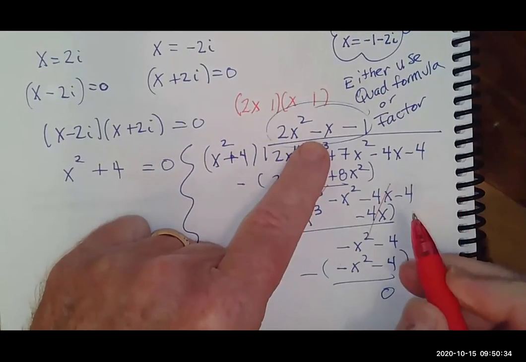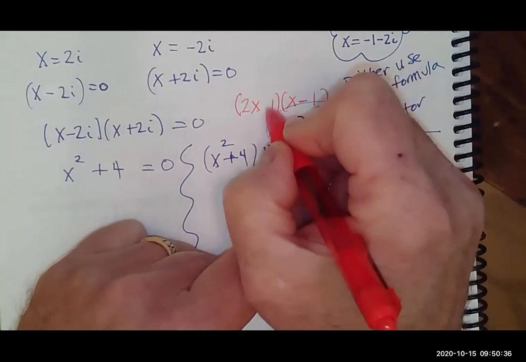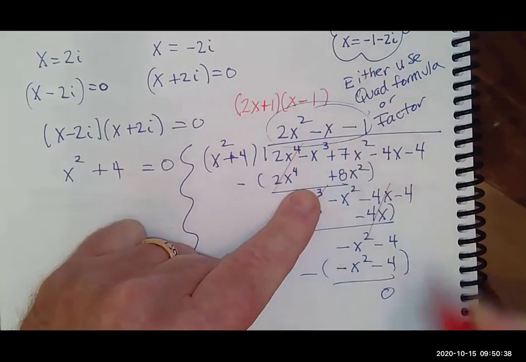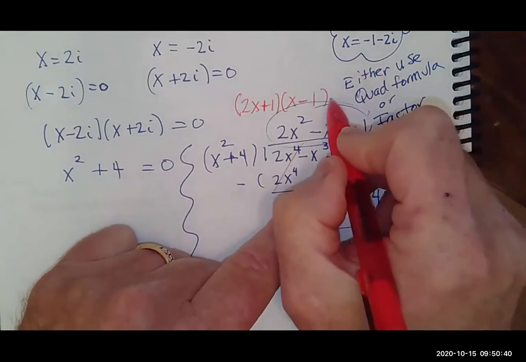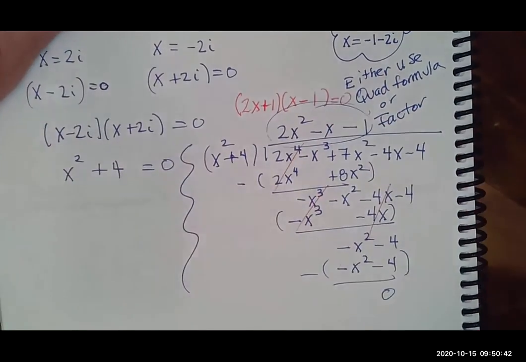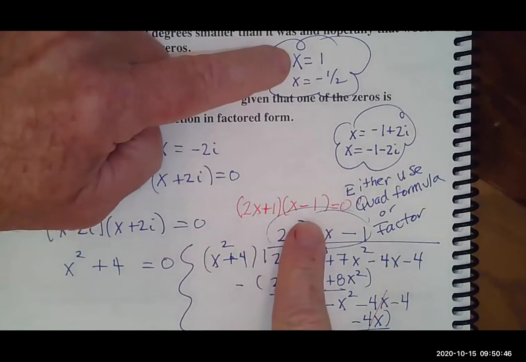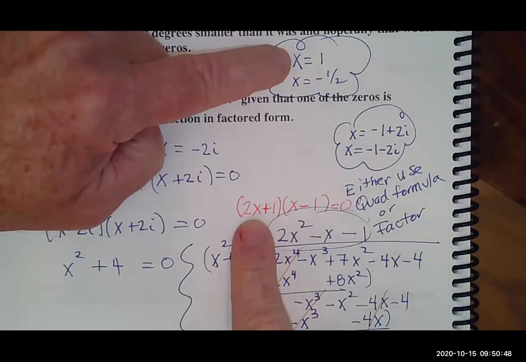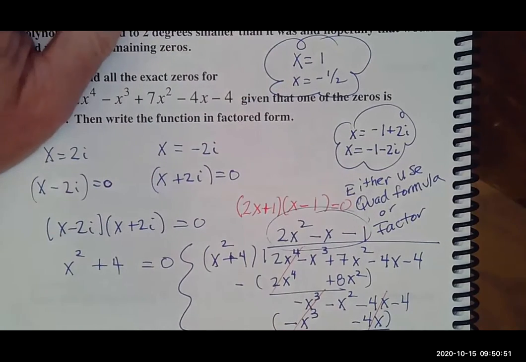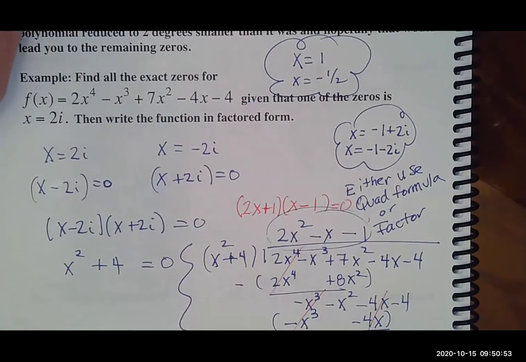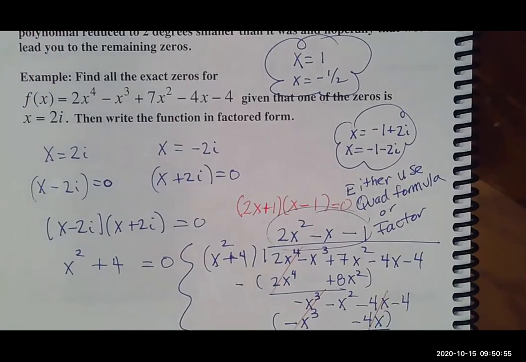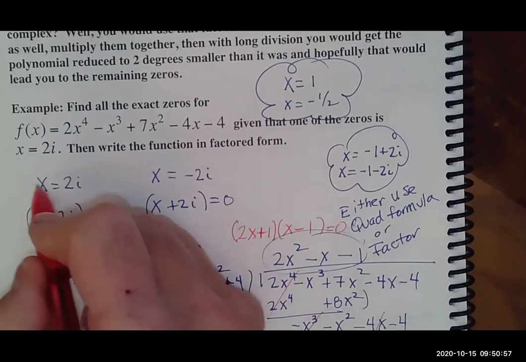Let's see, to get a negative x, this would have to be a negative here, and that's a positive right there. And you set that equal to 0, and you will get these guys. Set that equal to 0. See, there's the 1, and this becomes negative 1/2. So your 4 answers are these guys.